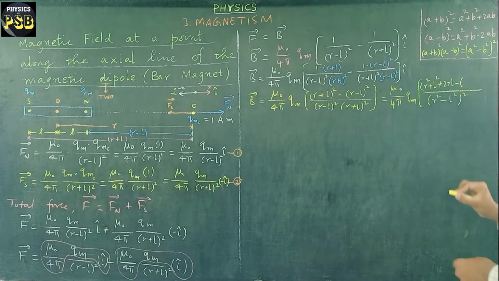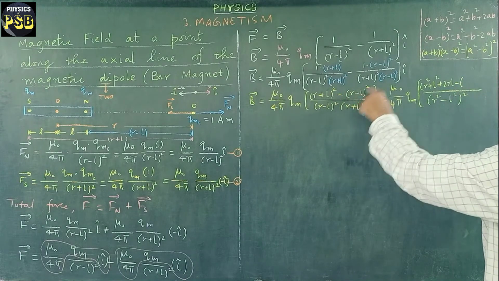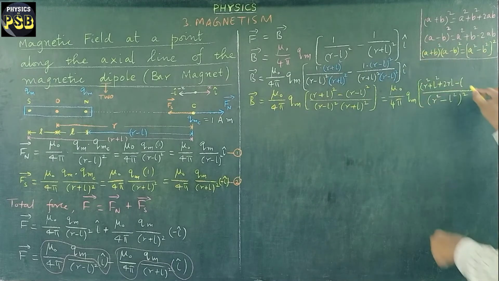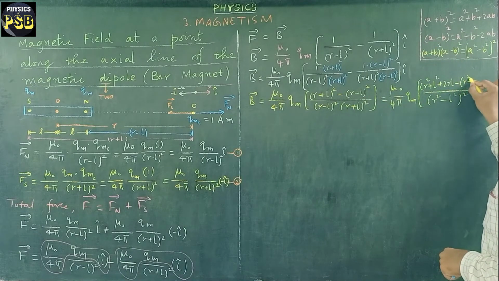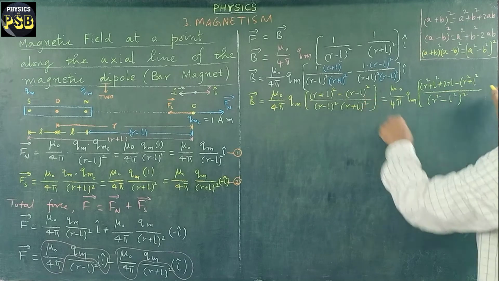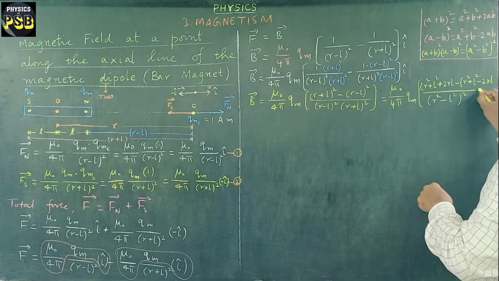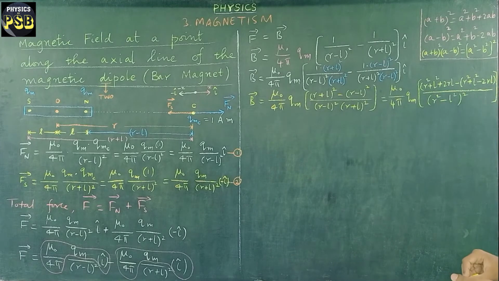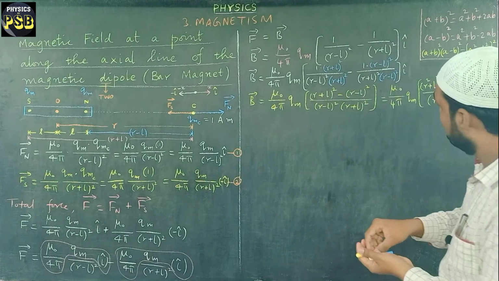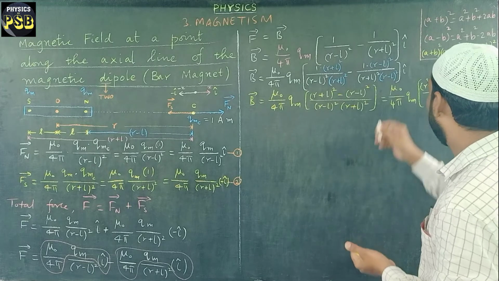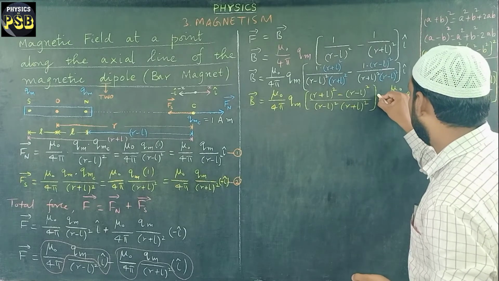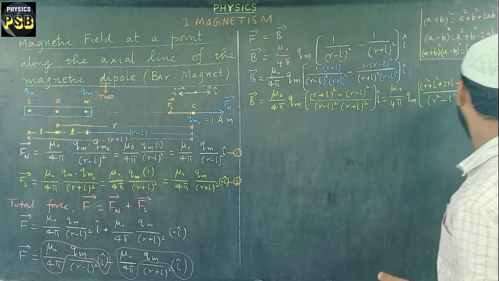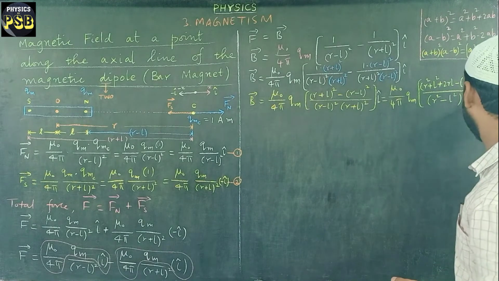I open the bracket, then I expand this using this equation: r square plus l square minus 2rl. Now close the bracket. I forgot to mention i cap here, and the same thing here as well.